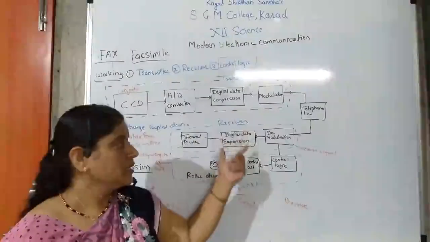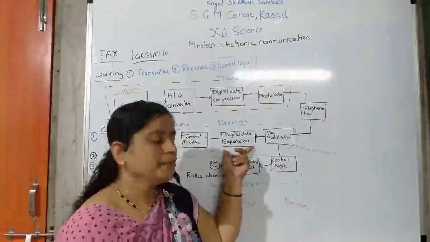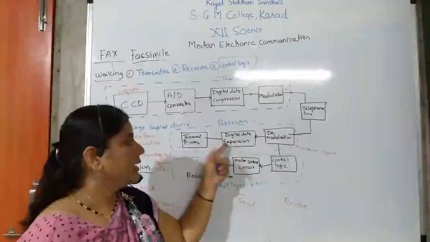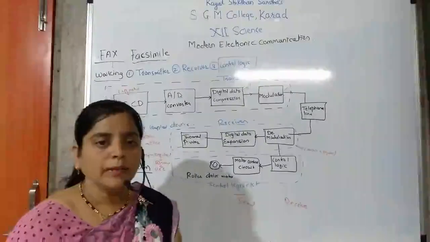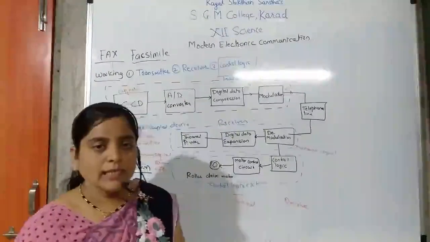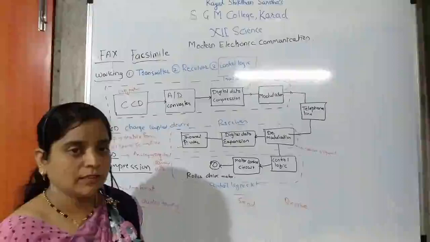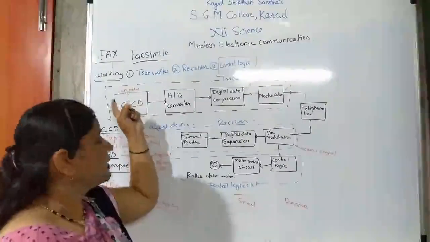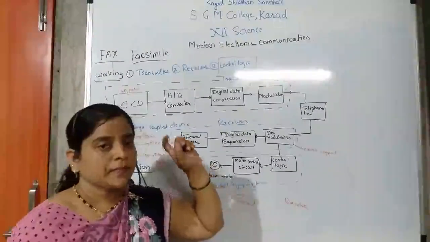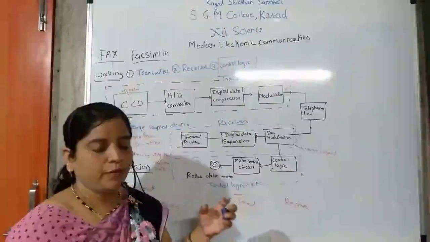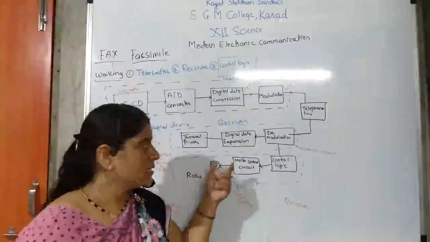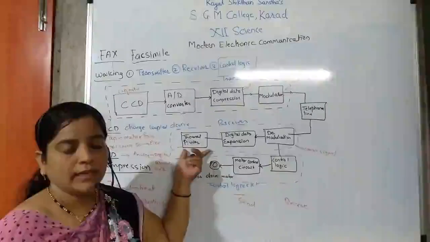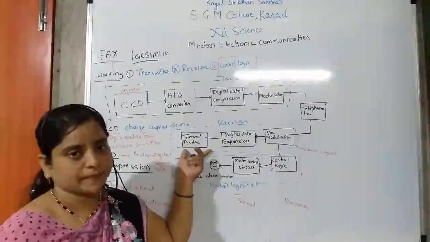We get the same data, and that is given to the printer, and at last at the printer we'll get the same image that we received in the CCD. If you want to send a photo, the same photo will be there in the printer.